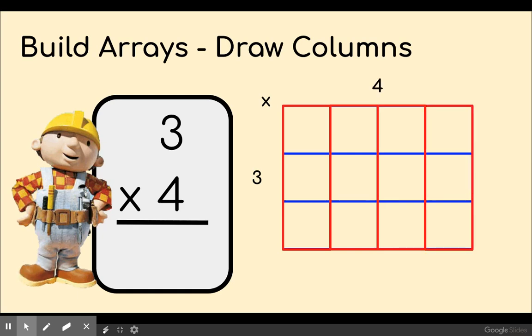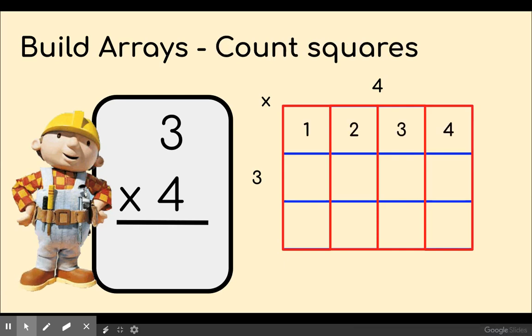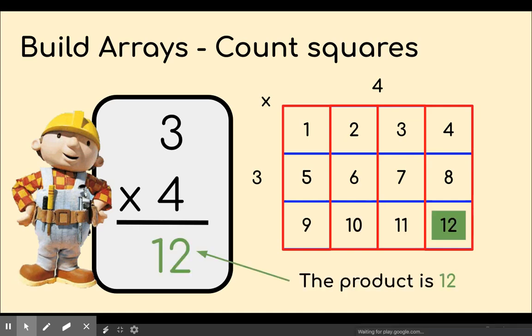Now we have our 3 times 4, or 3 groups of 4. Next, we need our product, so we count the squares. 1, 2, 3, 4. Then another 4 makes 8, and then the last 4 makes 12. So the product, or answer, to our multiplication problem is 12 when we're done. Okay, so that's building arrays.